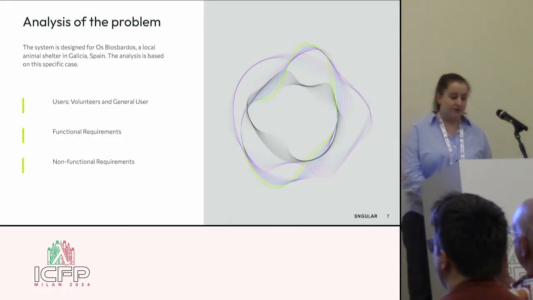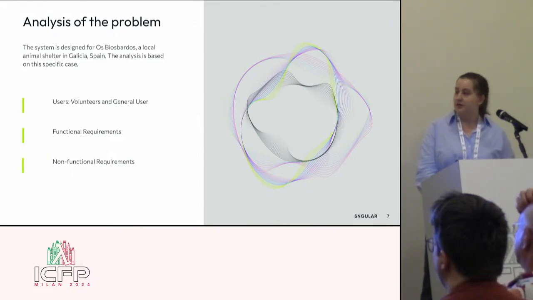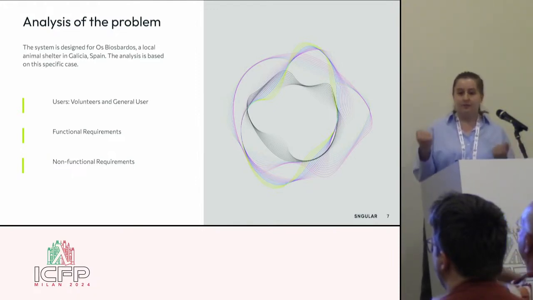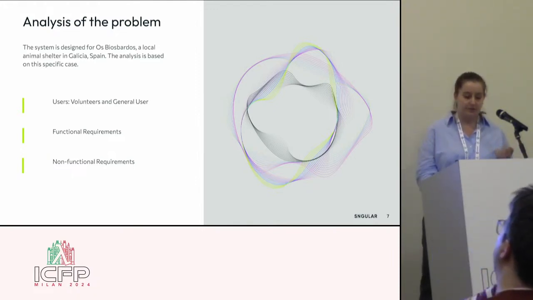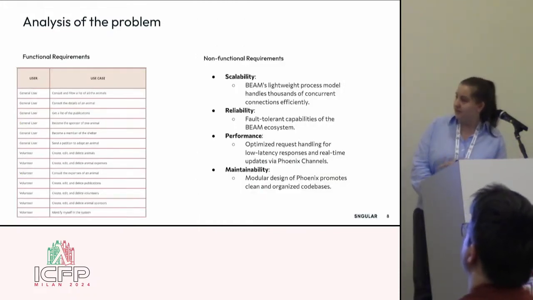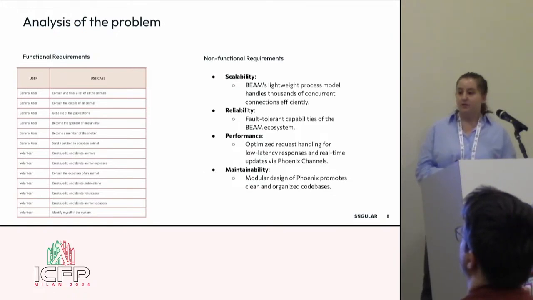First, we need to analyze what kind of people will be using this application: people without any technical background, people that will either adopt or manage the shelter. This is a summary table of all the functional requirements that we could collect and analyze through different interviews, and this will be the goal for this development.